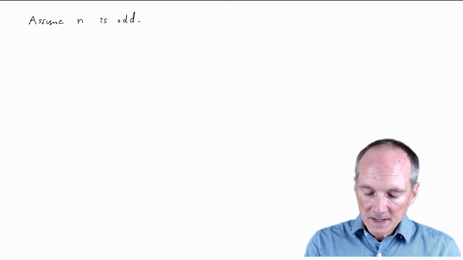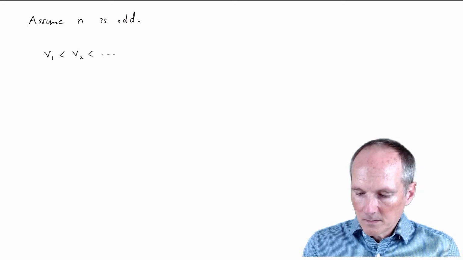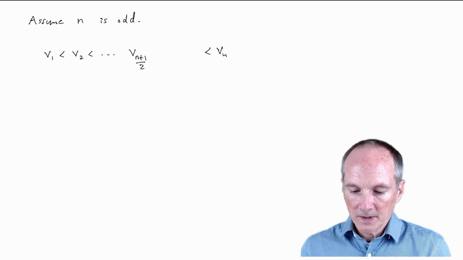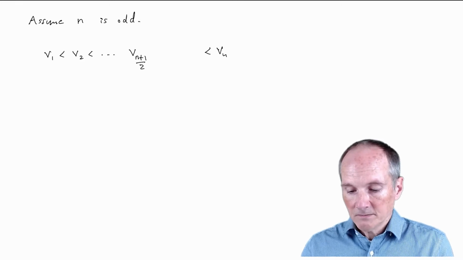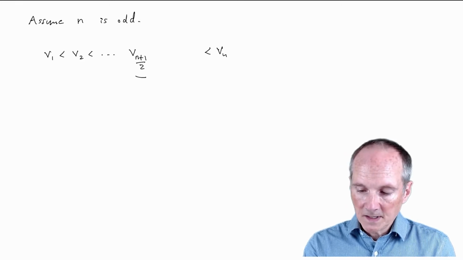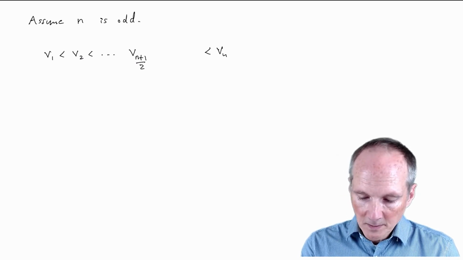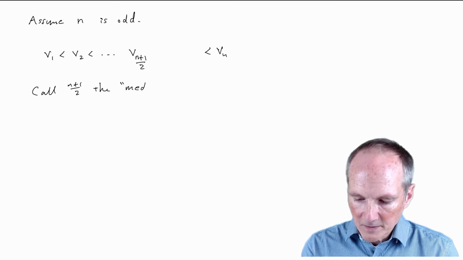Okay, so that means that in this list of voters, there is a voter in the middle, and that voter will have the index (n+1)/2, right? If n is odd, n+1 is even, so it's divisible by 2. This gives us a natural number that's going to identify a particular voter. And we're going to call this voter, (n+1)/2, the median voter.